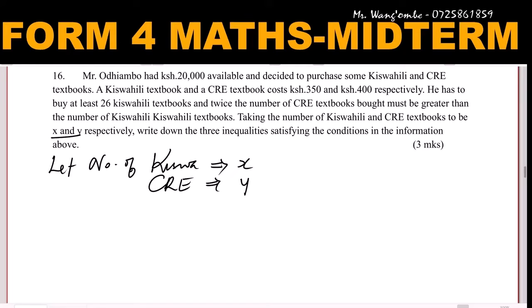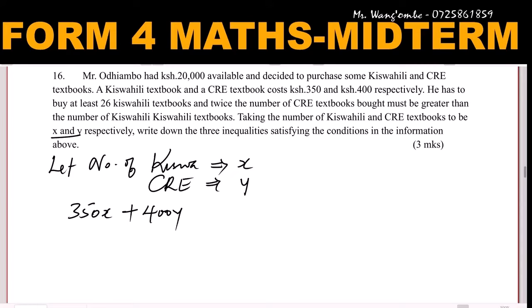He has 20,000 available, and a Kiswahili textbook costs 350. So what about X Kiswahili books? If one Kiswahili textbook costs 350, X Kiswahili textbooks will cost 350X shillings, plus CRE book costs 400. So what about Y CRE books? 400 multiplied by Y.